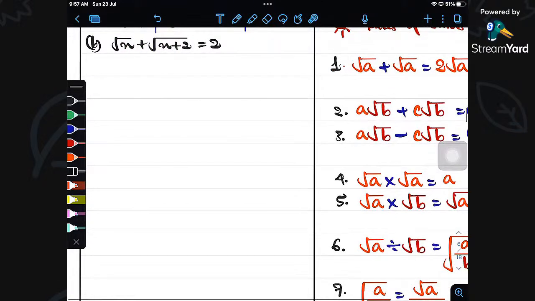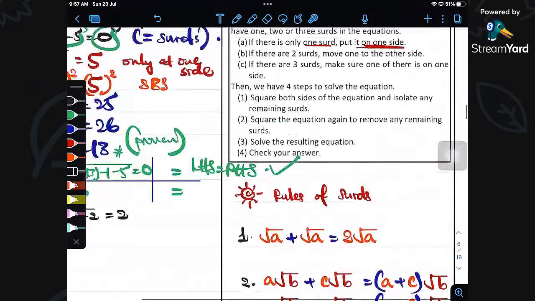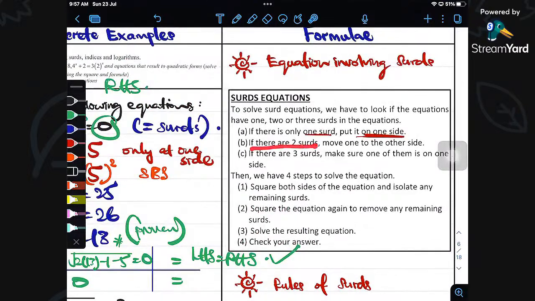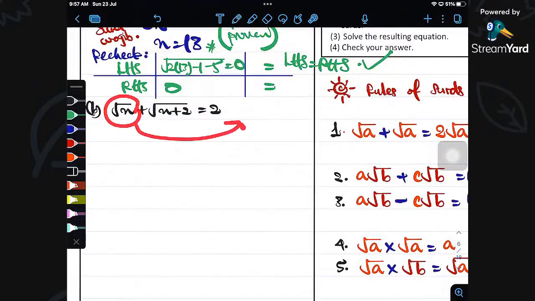Di mana kita mempunyai dua surd sekarang ni. Look at here. Dua surd dalam satu side tau. This is two surd at one side. Therefore, if there is two surd, move one to the other side. Okay, move one to the other side bermaksud you pindahkan salah satu ke belah kanan.